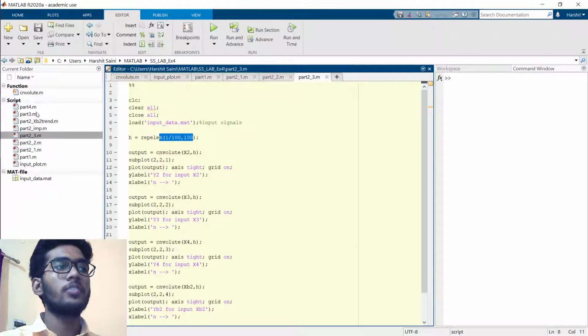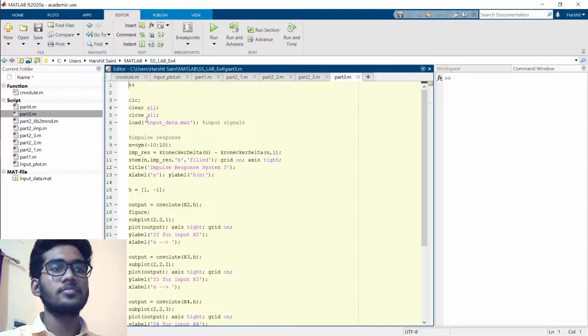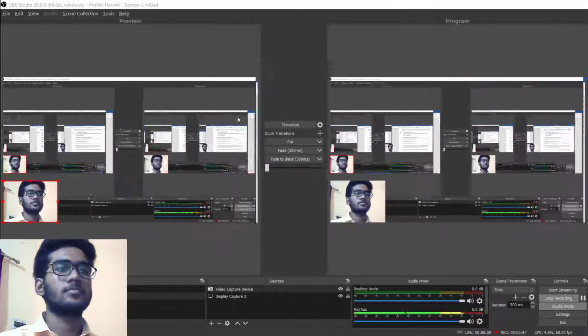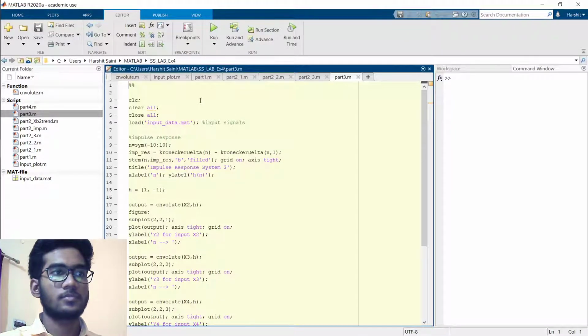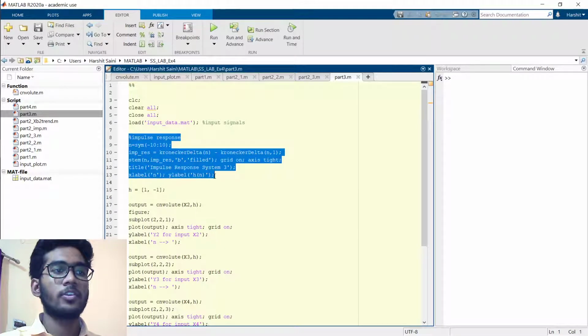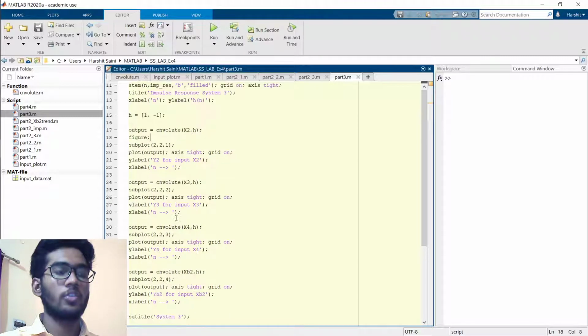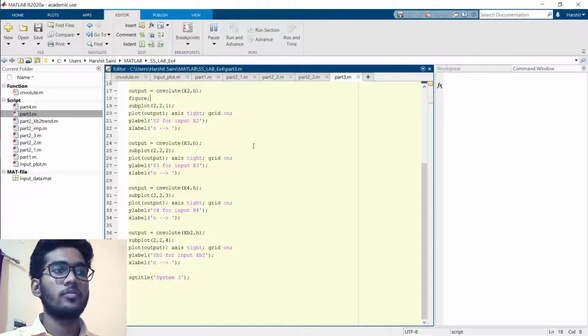Now coming to our third system, which is y[n] equals x[n minus 1]. Here we first get a visual representation of our impulse response by using the canonical delta function as earlier, and then we use the convolve function to get our convolution, and we can see them now.